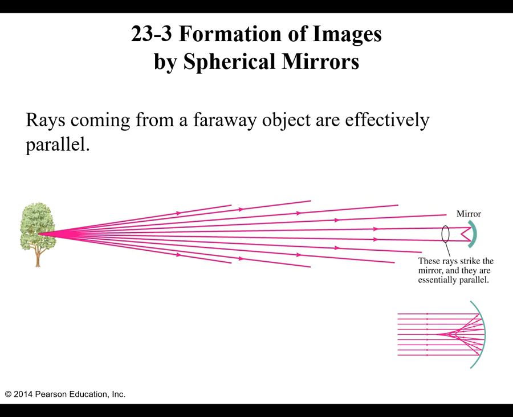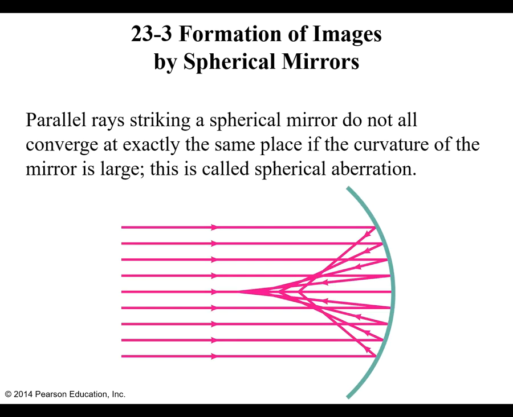And so the light comes in and hits the spherical mirror, and following the law of reflection, the light is going to reflect and then move across the central line at some point.